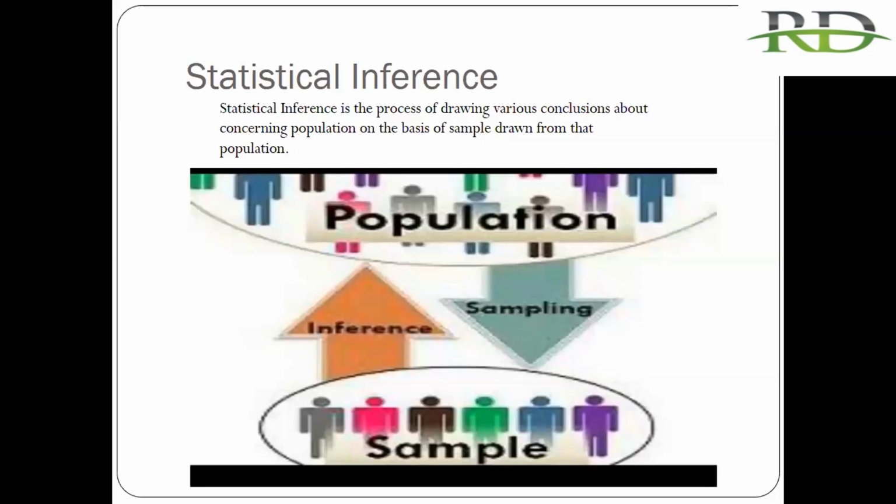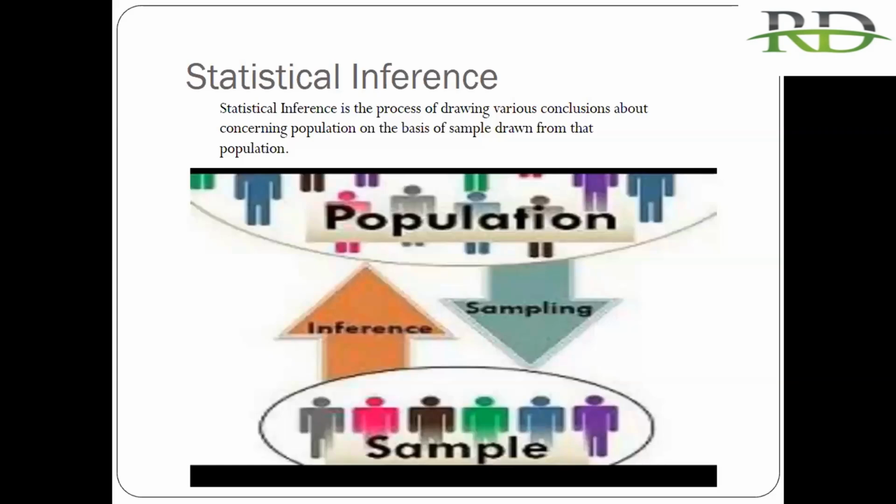So what do we do? We take different samples from different locations of Delhi: North Delhi, South Delhi, Northeast Delhi, and West Delhi. Then we take the height of adolescent girls in different locations, and on the basis of those samples, we make an inference about the whole population. The method through which we collect the sample from the population is called sampling.